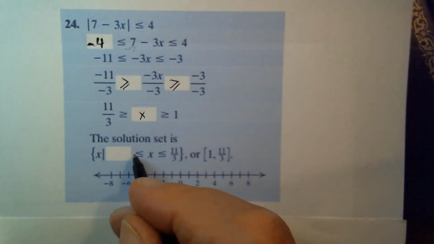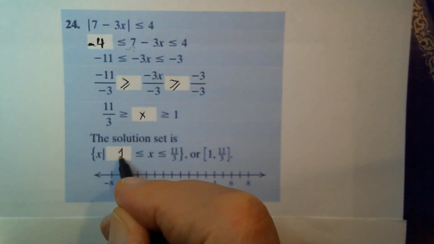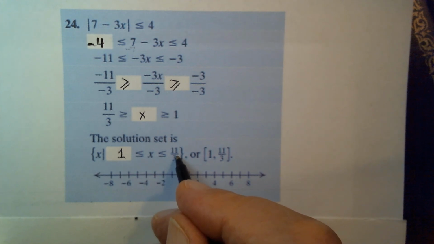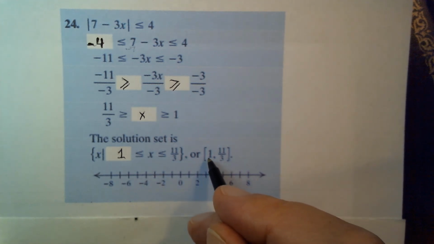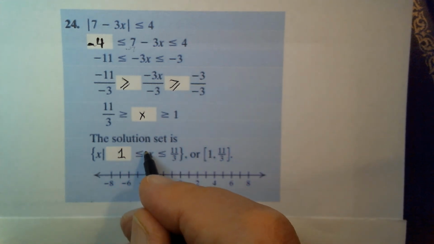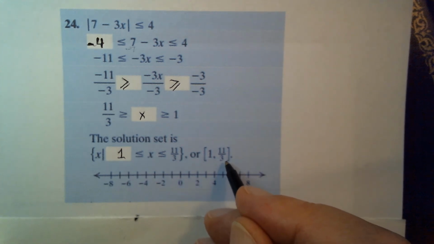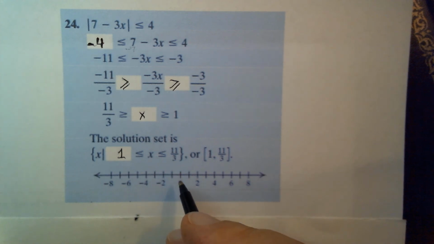So our solution set then is the set of all x such that x is greater than or equal to 1 and less than or equal to 11 thirds. And in interval notation, we have a bracket at the 1 because we have the greater than or equal, and another bracket next to the 11 thirds because we have a less than or equal symbol also.